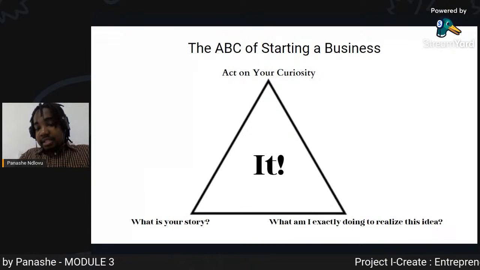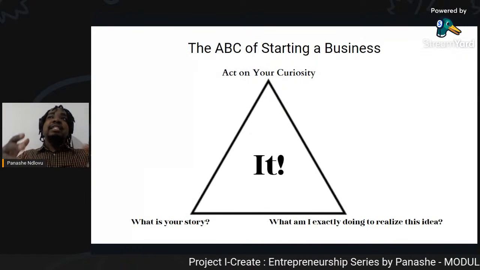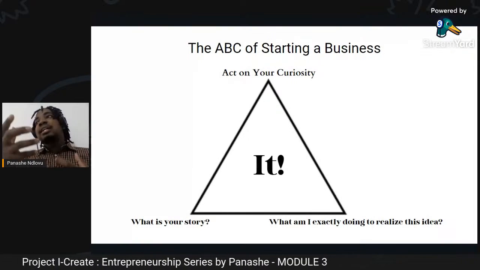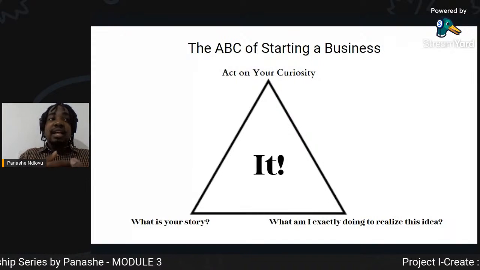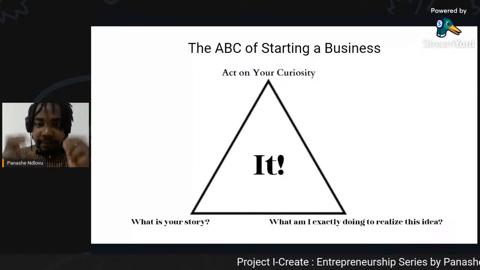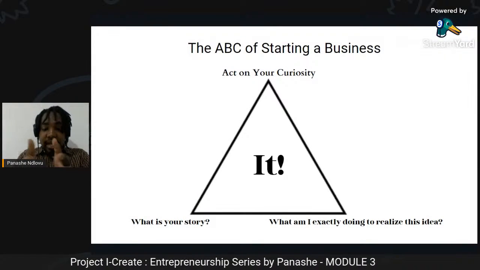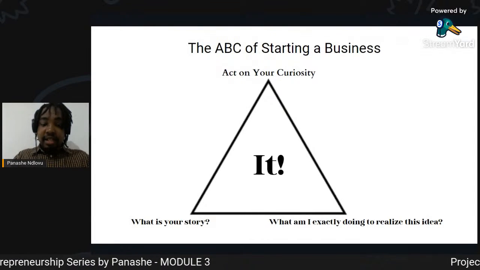Maybe it's not necessarily a concrete business idea, but a thought of curiosity coming to your mind that you would like to pursue. And this is now the stage that you're at.